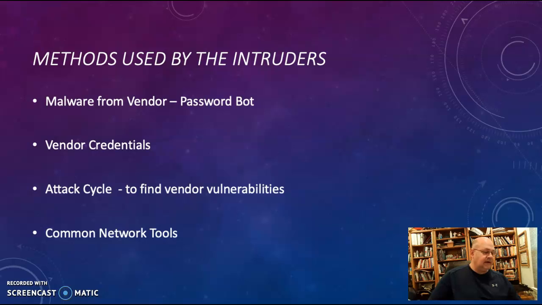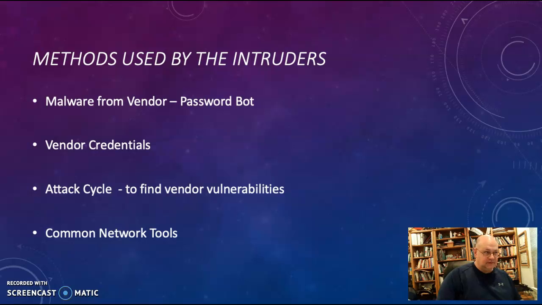At this point, the attackers could have further infiltrated the network, or did further infiltrate the network. But we can only speculate that the criminals used the attack cycle called Mandiant's APT1 to look and find vulnerabilities in the vendor's portal. This literally moved through the network via backdoors and reconnaissance of other vulnerable systems. Some common network tools were used to do reconnaissance once inside the network.